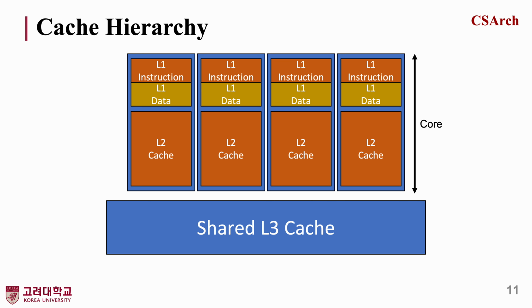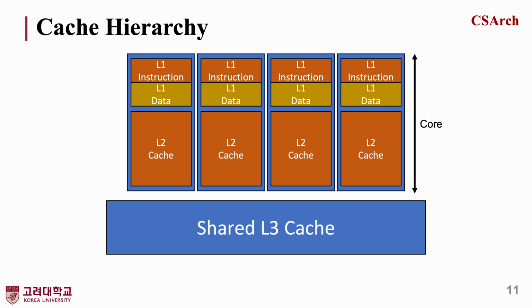Here we can see the cache hierarchy of the Nehalem microarchitecture. Each core is equipped with a private L1 cache, L1 instruction and data cache of 32 kilobytes. And also, each core has a private unified L2 cache of 256 kilobytes. What makes Nehalem different is the addition of a shared last level L3 cache, which can have up to 8 megabytes capacity.